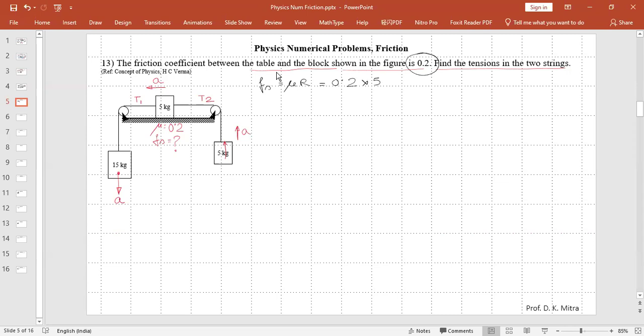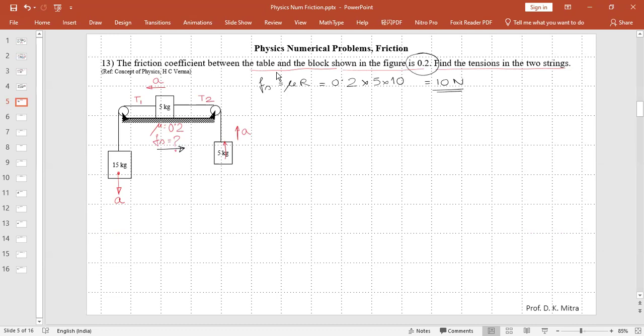So 5 multiplied by G equal to 10. So when this block is moving left, there is a frictional force towards right opposing the motion, which is 10 Newton.